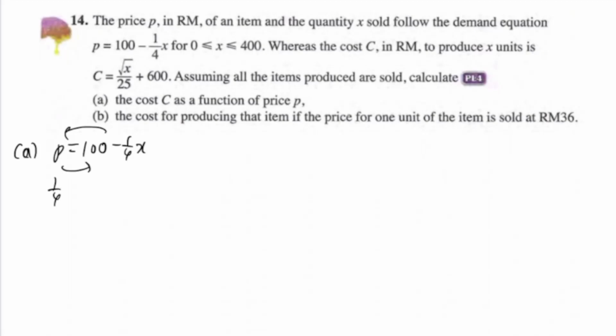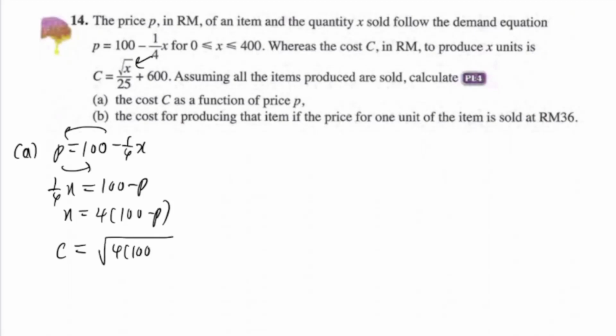So we bring over. 1 over 4 x equals 100 minus P. x is 4 times (100 minus P). You can call this equation 1. Up to you. You just substitute inside your C. Can you see the x there? So you put a square root. Your x is 4(100 minus P). Now, I don't want to multiply the 4 inside, simply because I can take the square root of 4.